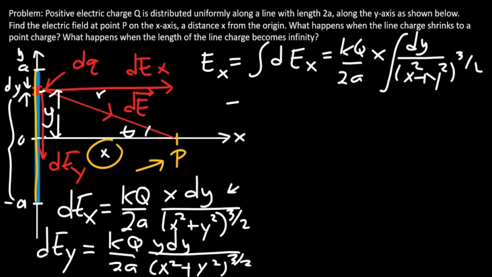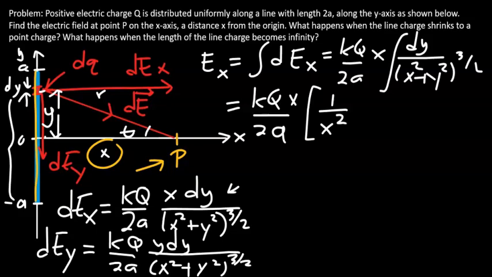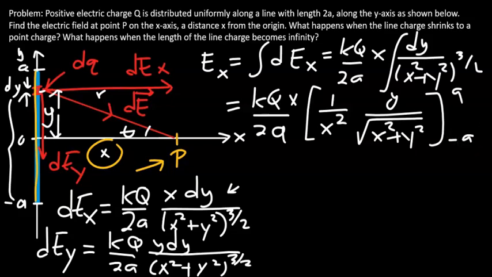This integral can be evaluated using a standard integral table. Let's write down the constants. From the standard integral table, that integral is just 1 over x squared, y over the square root of x squared plus y squared, and of course we need to substitute the limits, minus a to a. This x will cancel one x from below, and you get kq over 2ax.